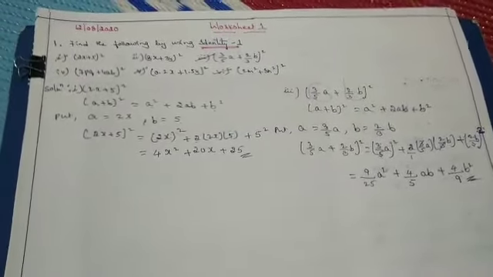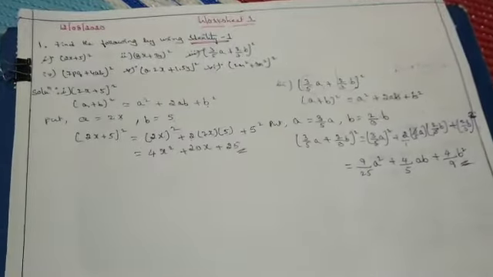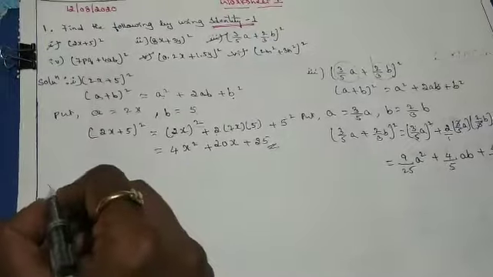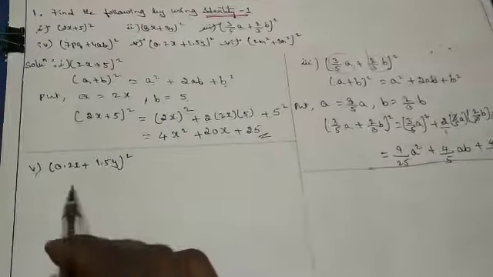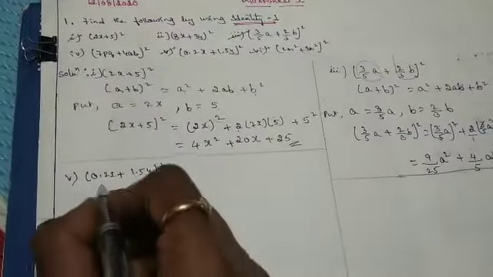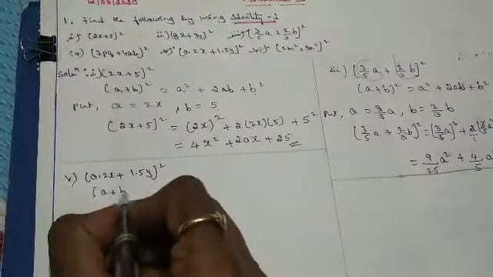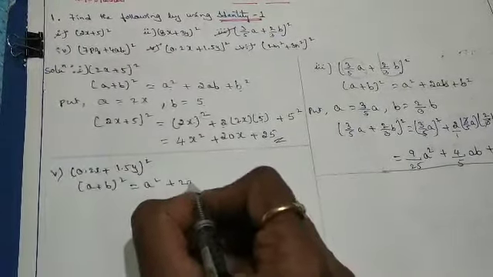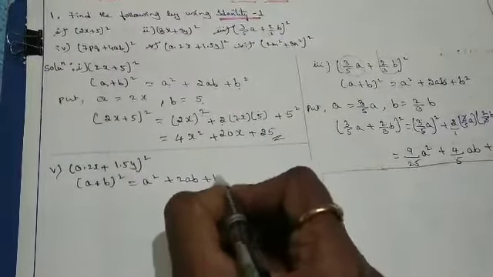Okay. Now we'll move to the fourth question. The fourth I asked you to do, so I'll move to the fifth question. Question 5: (0.2x + 1.5y) whole square. This is in the form of (a + b) whole square is nothing but a square plus 2ab plus b square.